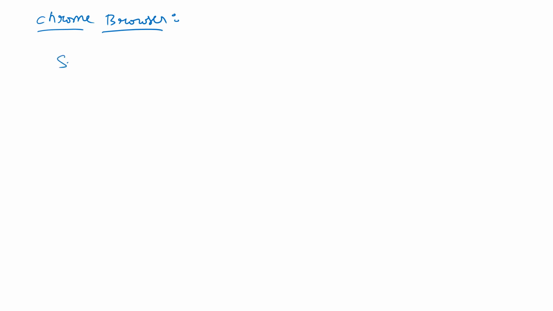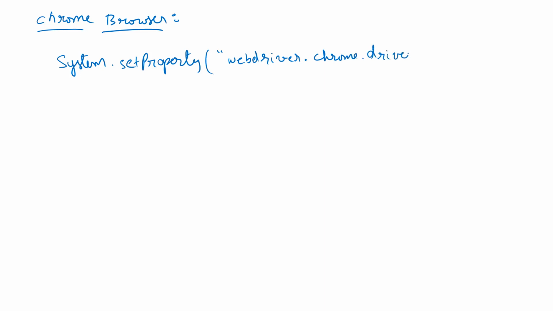We have done it using the System object, System.setProperty of webdriver.chrome.driver, and we used the path to chromedriver.exe here. So this is the first thing we have done for Chrome browser.